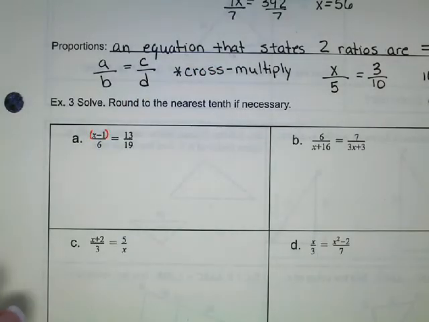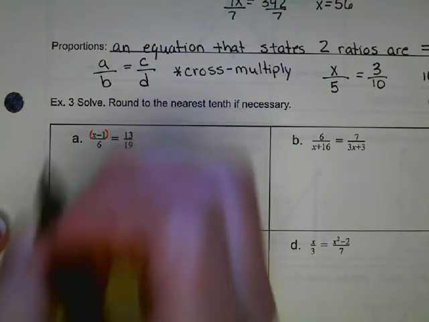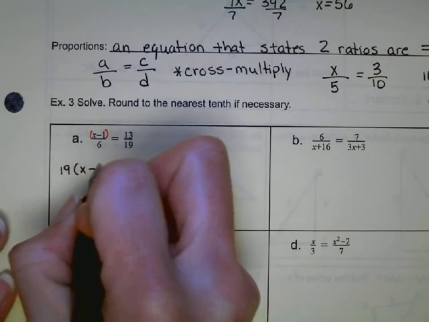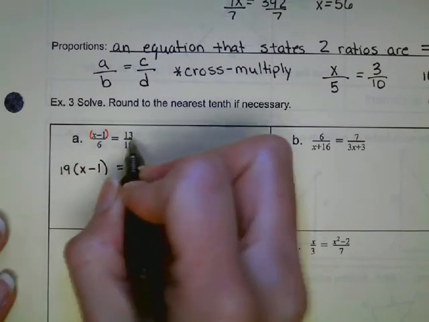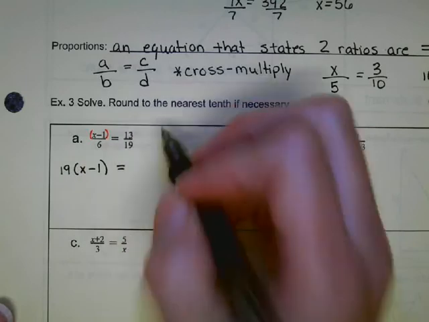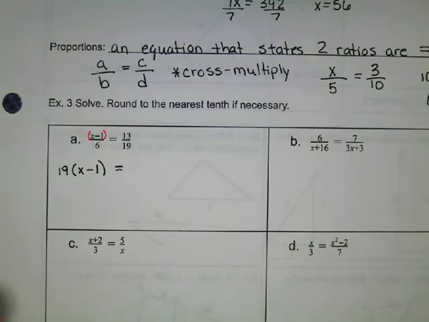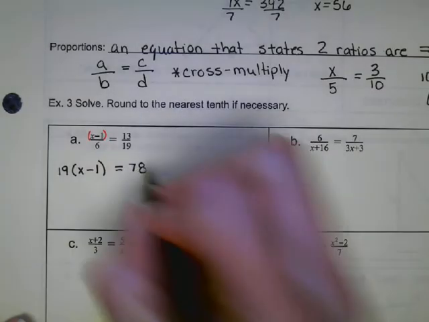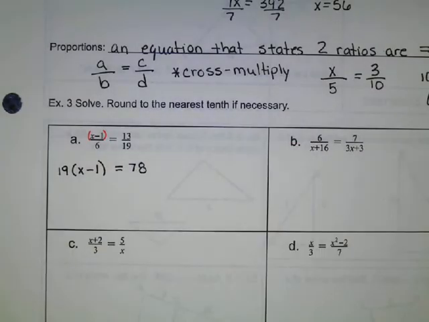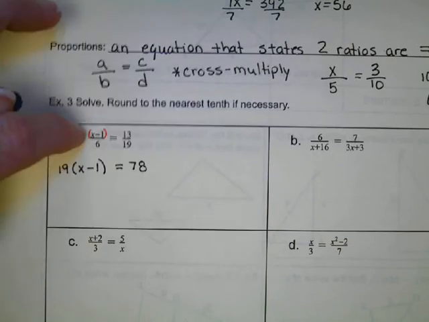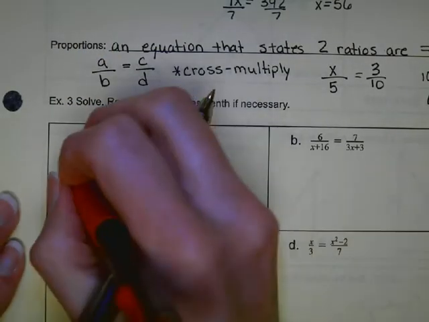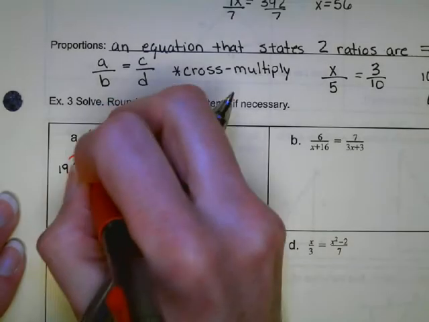The reason I do that is because when you cross multiply diagonally, you're going to take 19 times that whole thing, x minus 1. And you can write out 13 times 6, or you can figure out 13 times 6 equals 78. And if you like to save a step and want to do 19 times x and 19 times negative 1, you can distribute it while you write it down, or you can just write it out and then distribute it.